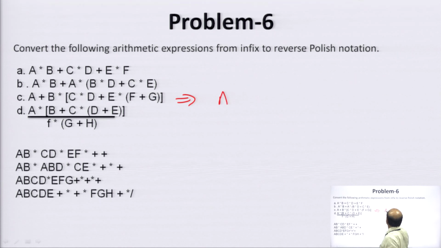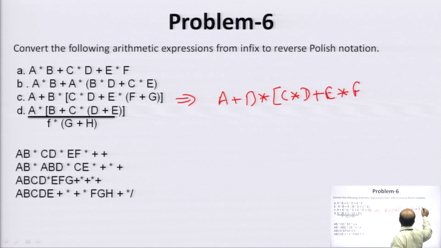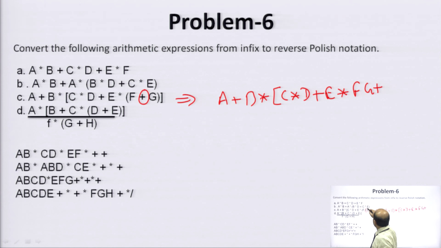So, the expression is C star D plus E star, and if we solve this, it becomes F G plus, because we have to shift the operator towards the right while solving.